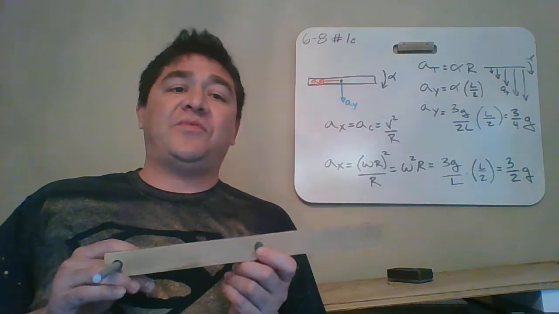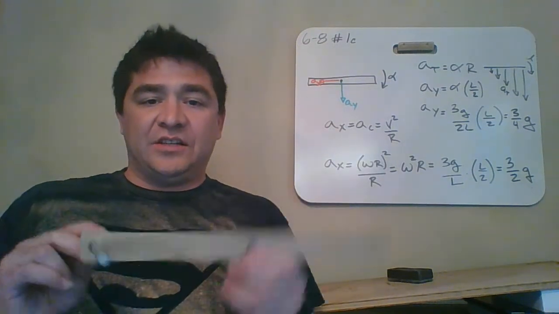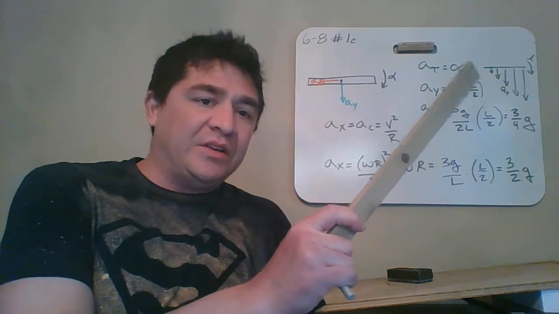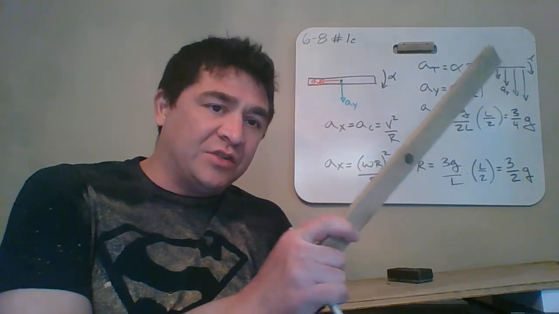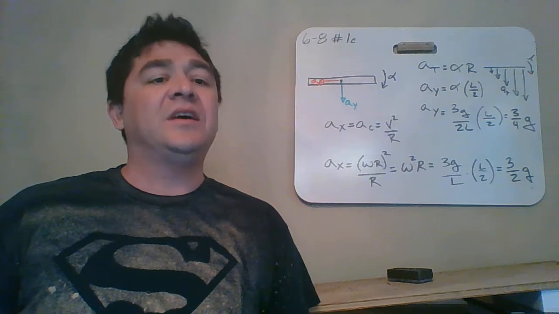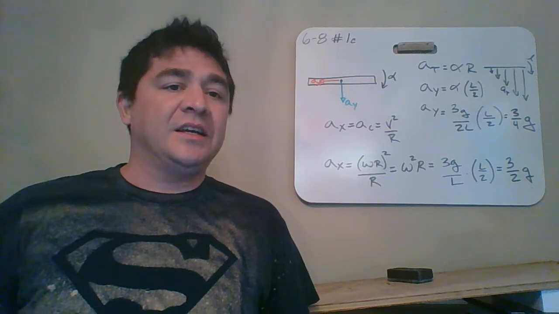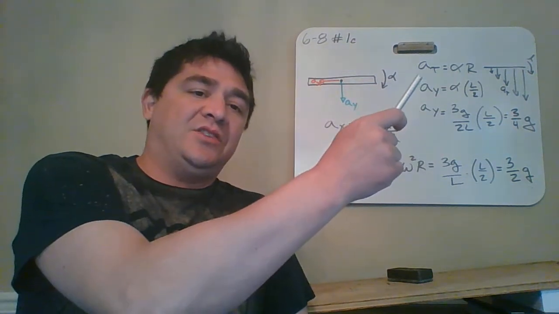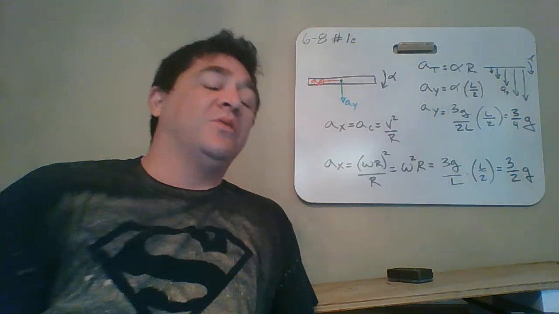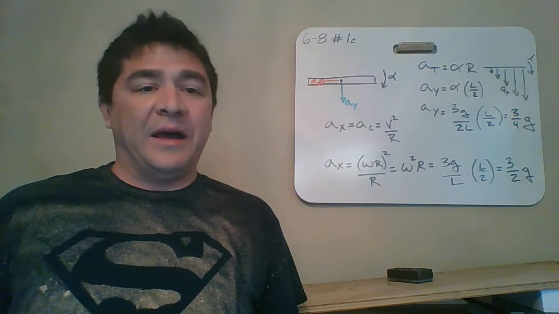How are we going to find that? Well, if we know the angular acceleration of the whole stick, then we can find the linear or tangential acceleration of every point along the stick using our relationship that tangential acceleration is alpha r, where r is the point that you care about.